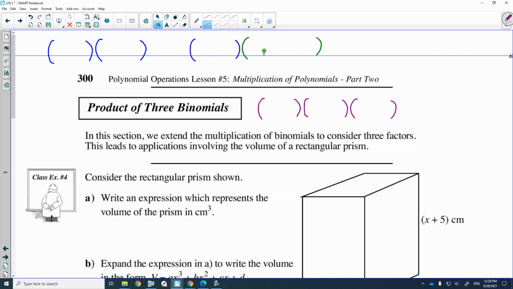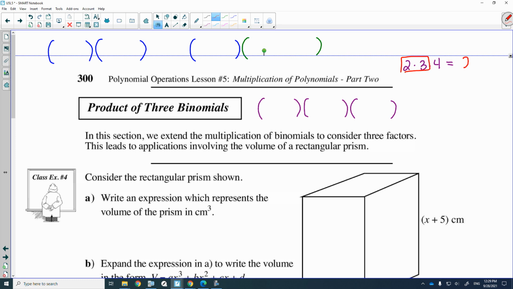Before we do this, I want to show you an example with numbers. Can you please write 2 times 3 times 4? So don't punch this in on your calculator. What we're going to do is we're going to do this. What is 2 times 3? 6. What is then 6 times 4? 24.